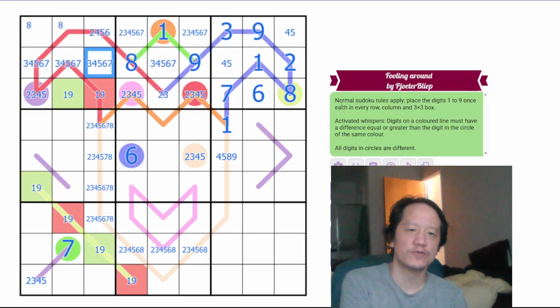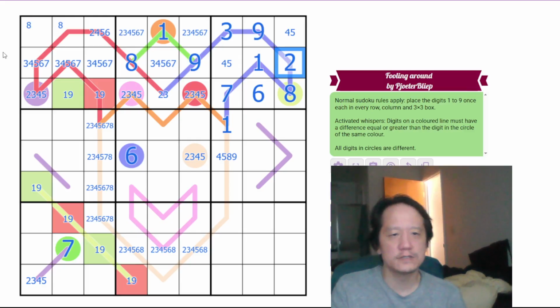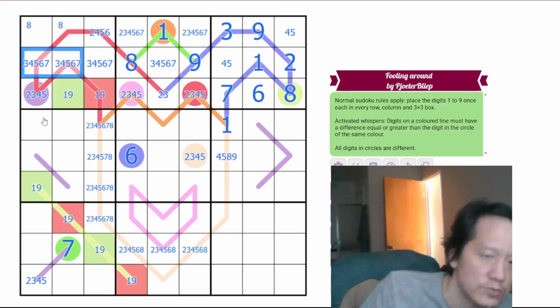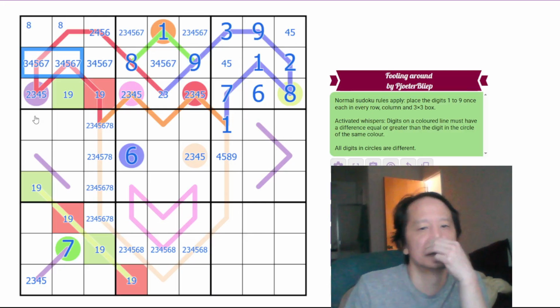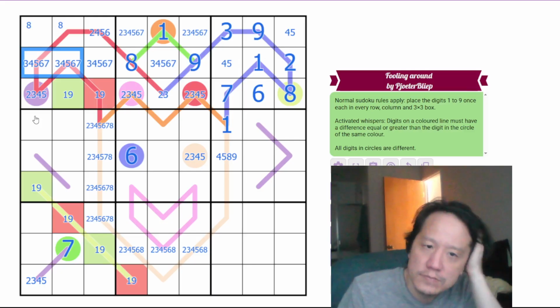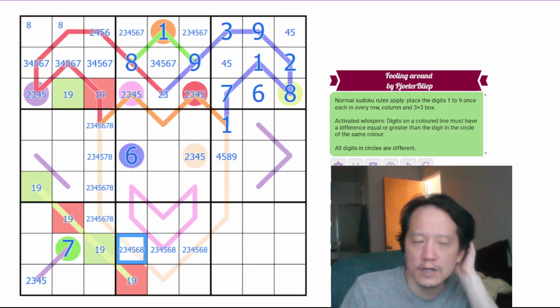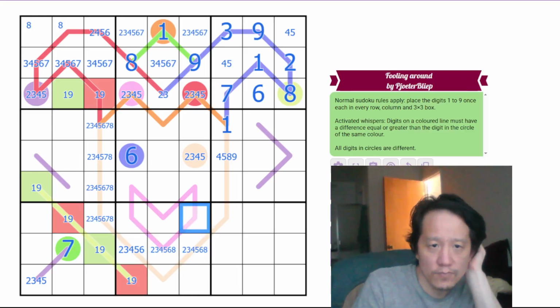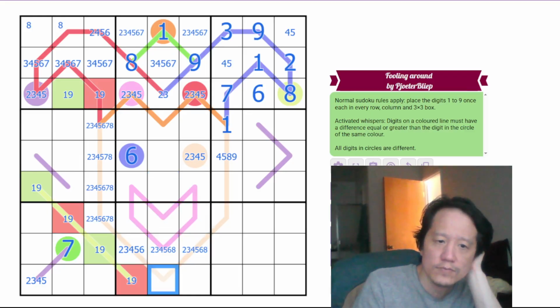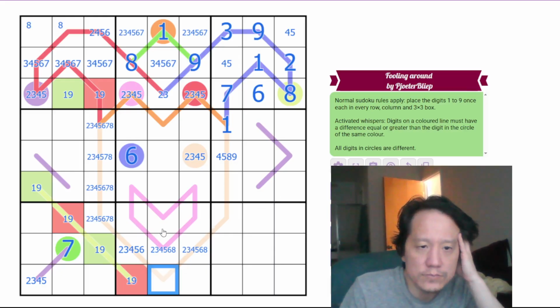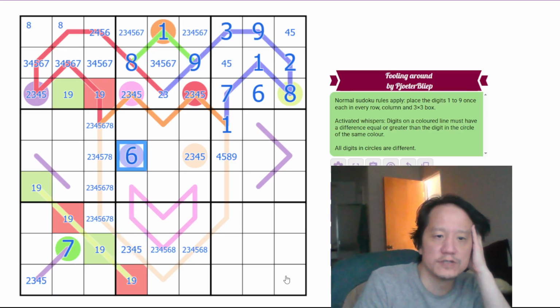This is also 3, 4, 5, 6, 7. That's interesting. This red has to have a difference of at least 2. This can't be 8 because of the 8 in the column. This can't be 6 because of the 6 in the column.